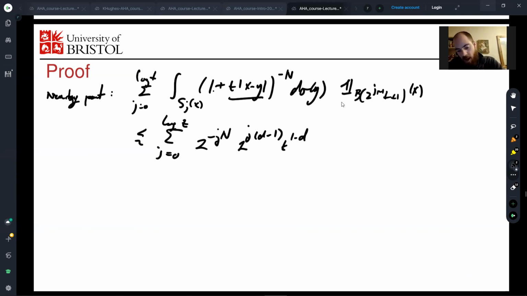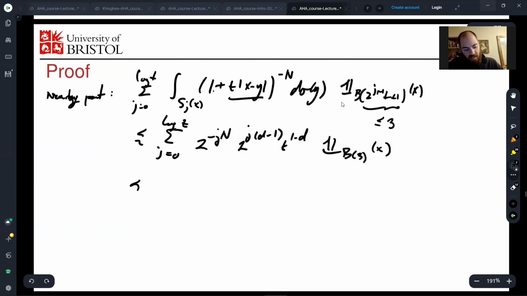It will be the fact that I've chosen j up to log of t means that this thing is always less than or equal to 3. And so I actually just have this times the ball of radius 3 at x. And then I just get to use that bound, the 1 over 1 plus |x| to the m for all m.